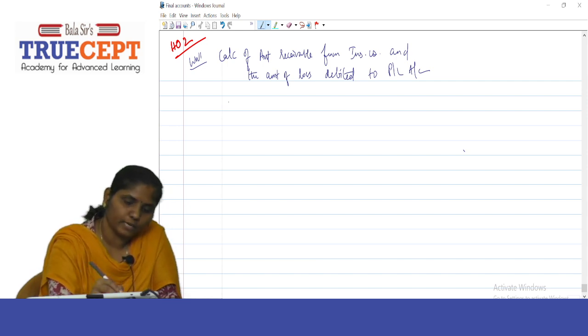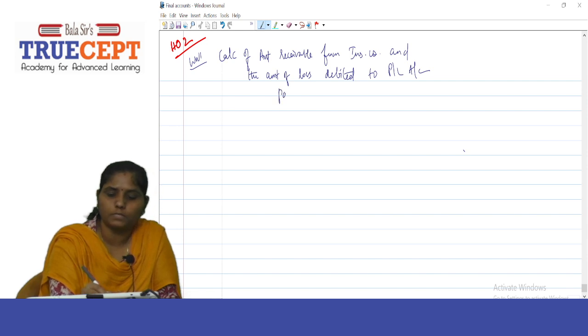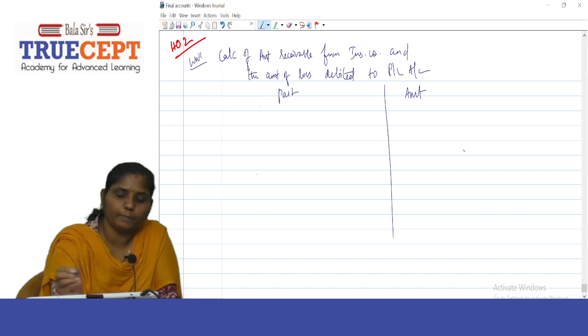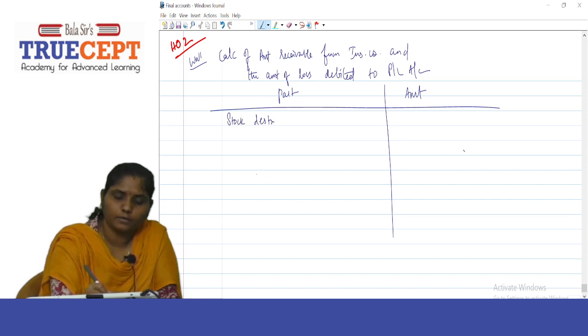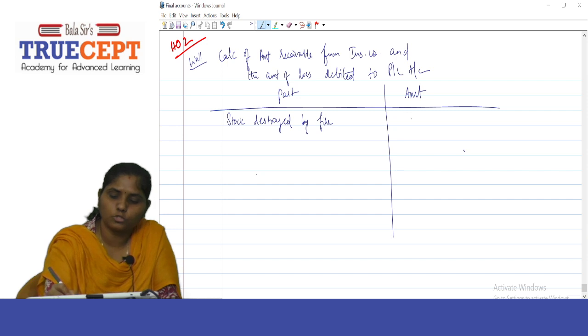right? So first, you can make it 2 columns. One is particulars column and other one is an amount column. In the particulars column, the first line item I am going to write is stock destroyed by fire. So what is the stock destroyed by fire? 6,000 rupees.